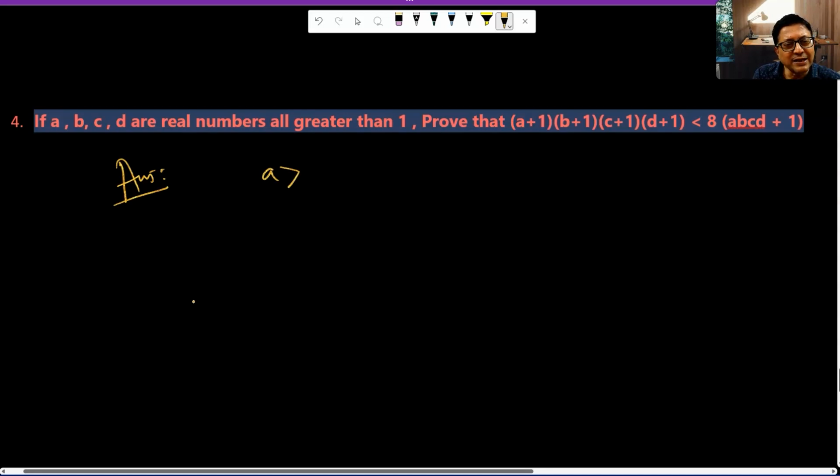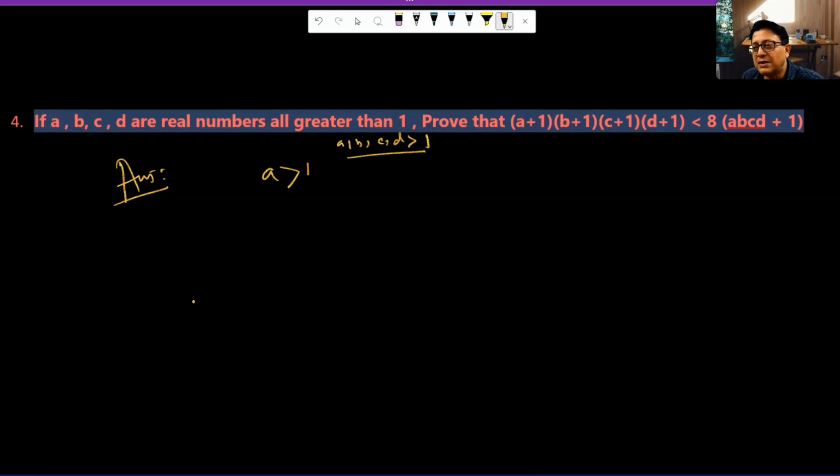A greater than 1, I mean all A, B, C, D greater than 1. And this time LHS minus RHS checking will be very difficult for us. We will not go for it.